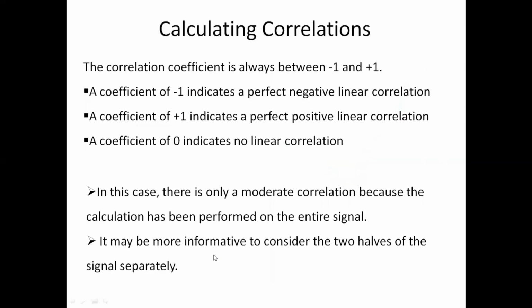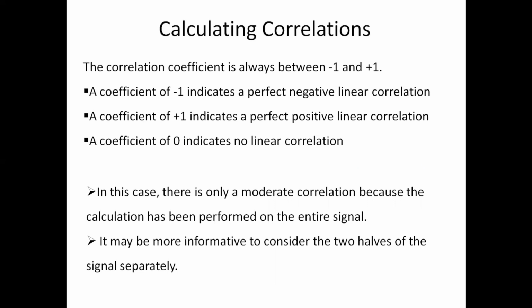Now, how to understand this correlation value? The correlation coefficient is always between -1 and +1. -1 indicates a perfect negative linear correlation, and +1 indicates a perfect positive linear correlation. That means when there is a 100% correlation, it is -1 if it is a negative correlation, and +1 if it is a positive correlation.